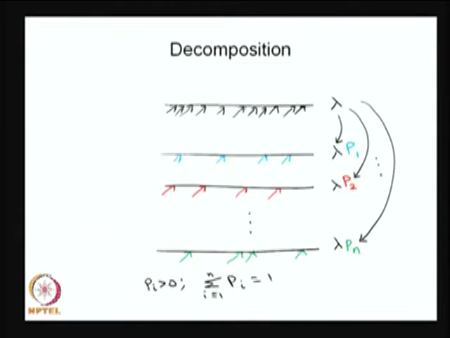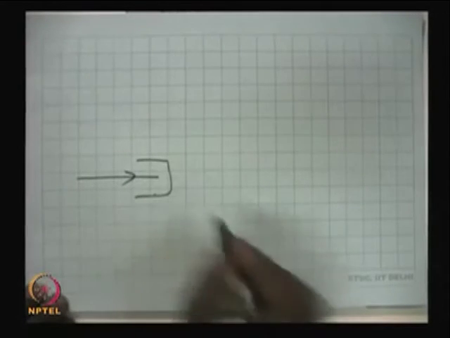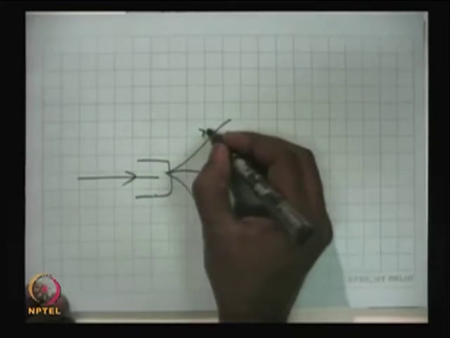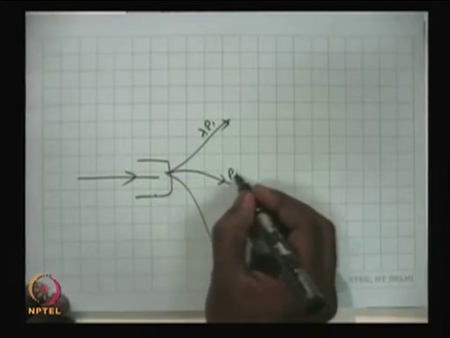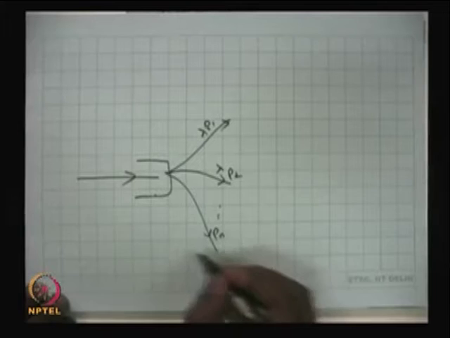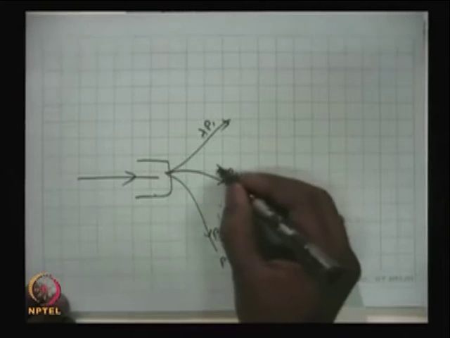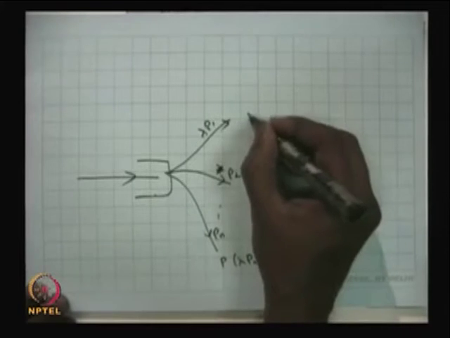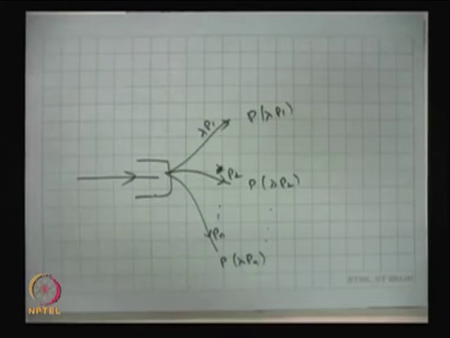In the same example, if you have one router and the arrivals are split into many streams, with probability P1 it goes to the first stream, with probability P2 it goes to the second stream, and with probability Pn it goes to the last stream, then each one is going to be a Poisson process with the parameter lambda times P1, lambda times P2, and so on, lambda times Pn.